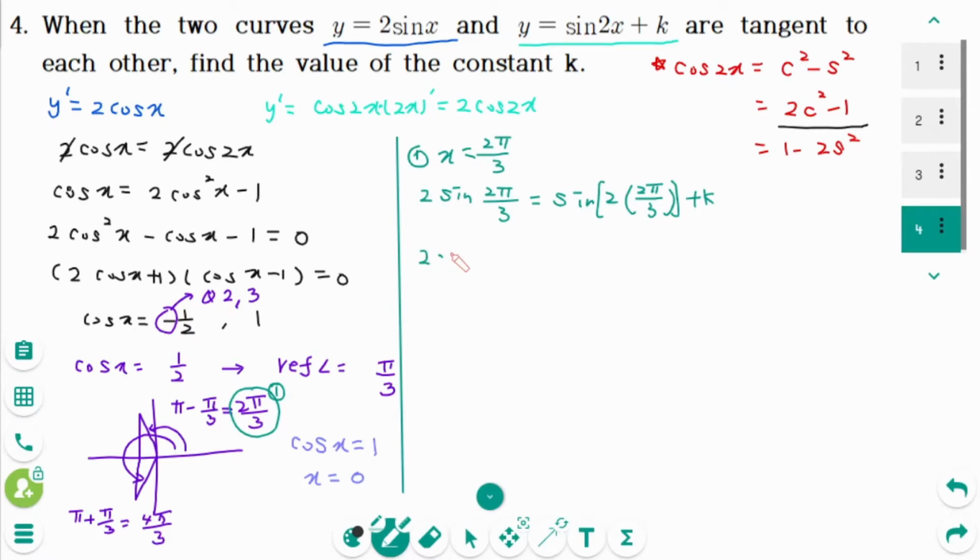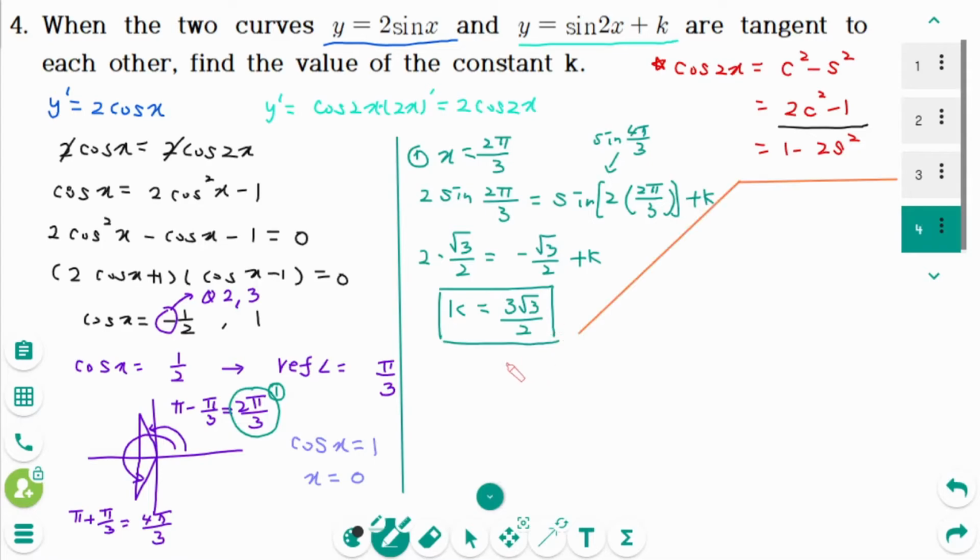Then 2 times sine 2 pi over 3, which is square root of 3 over 2, equals, this one is sine 4 pi over 3, which is minus square root of 3 over 2, plus k, then k equals 3 square root of 3 over 2. This is the first k.